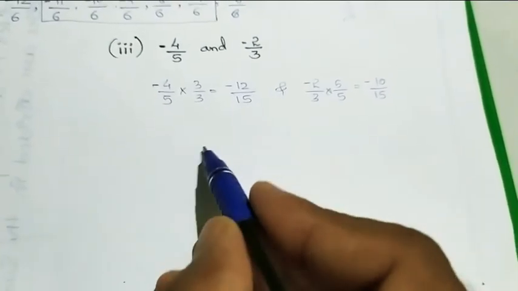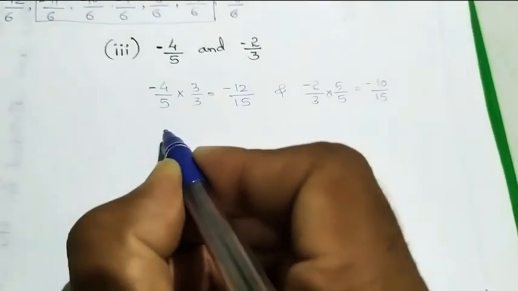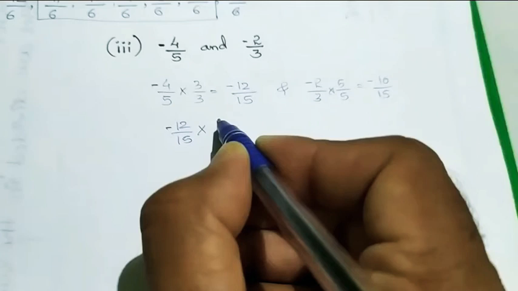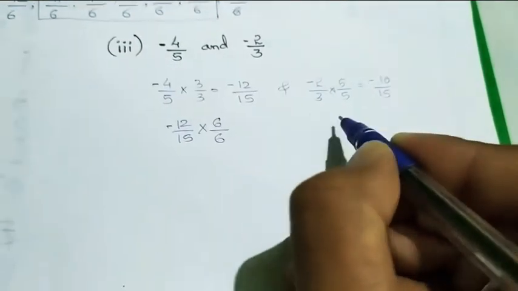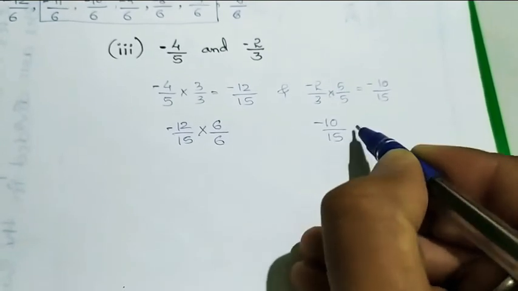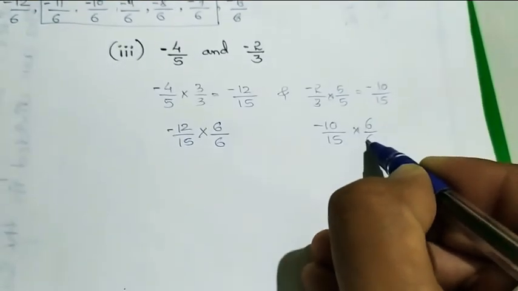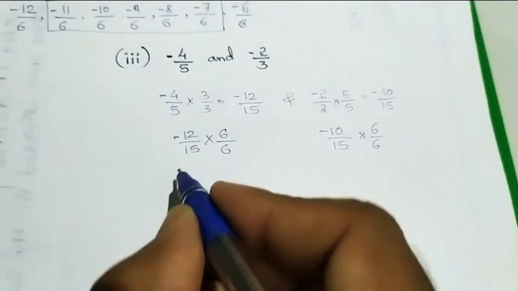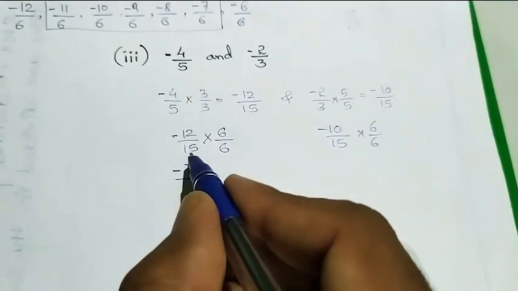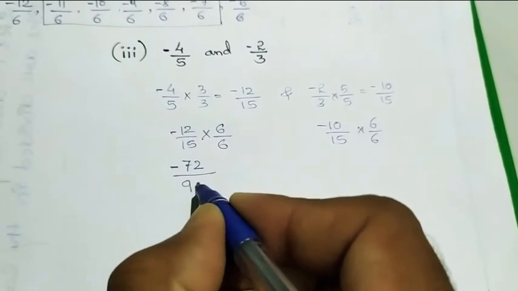Okay, so I will multiply this minus 12 by 15 into 6 by 6. Similarly here also minus 10 by 15 into 6 by 6. So 12 sixes are how much? 72 by 15 sixes are 90.